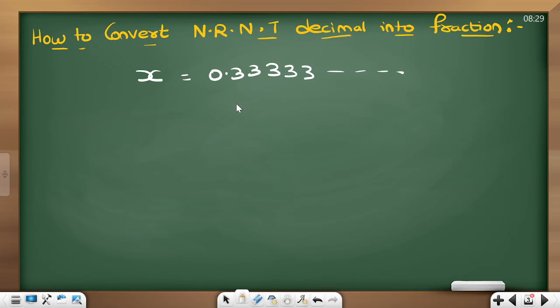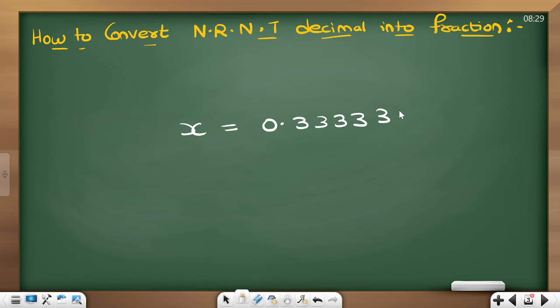Now, x equal to 0.33333, and so on, goes till infinity. I want to multiply this whole decimal by 10. So x will become 10x.